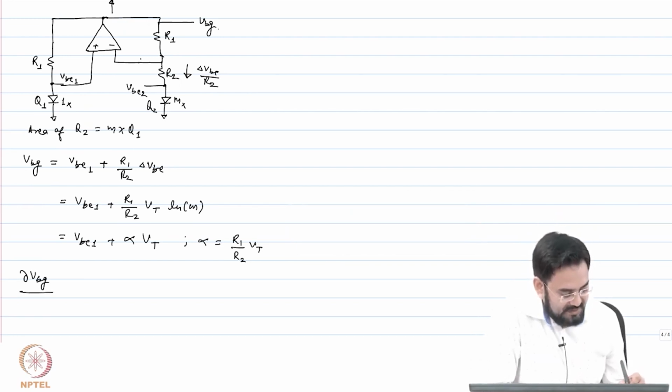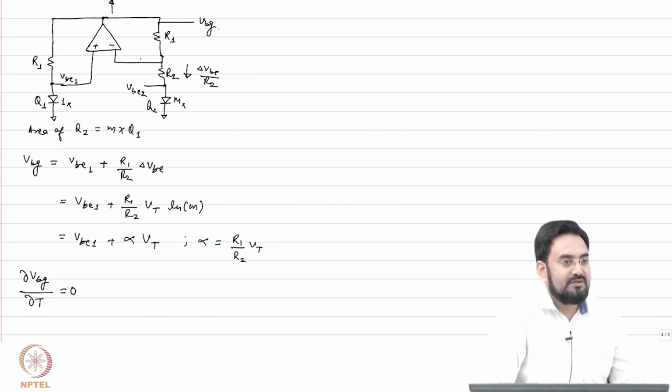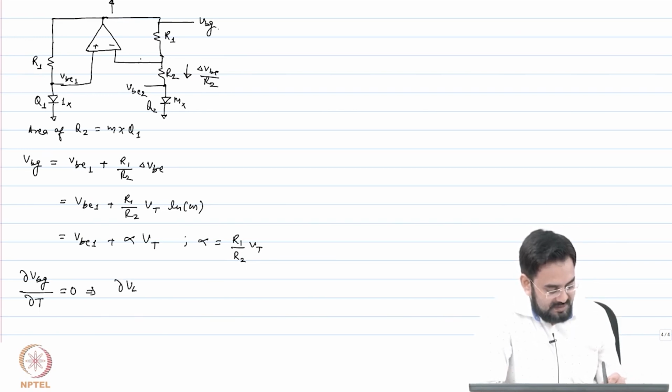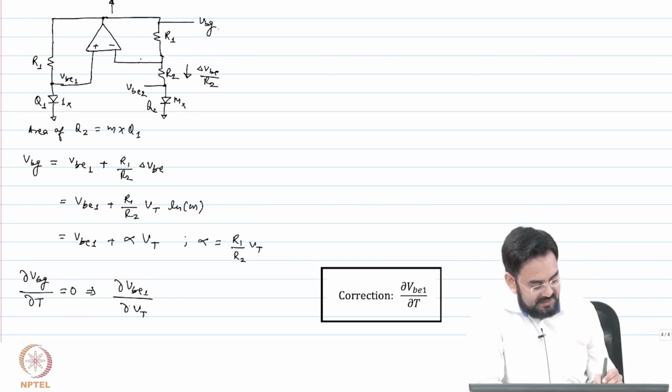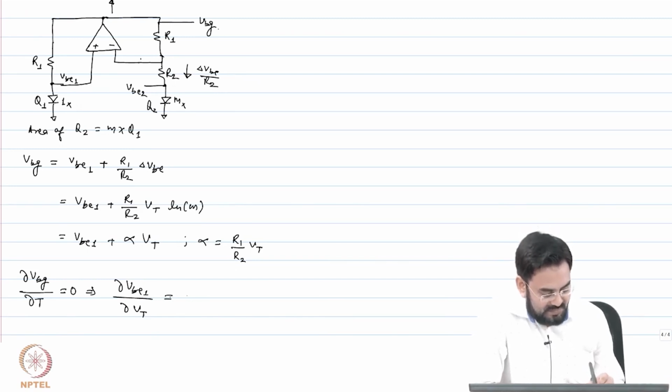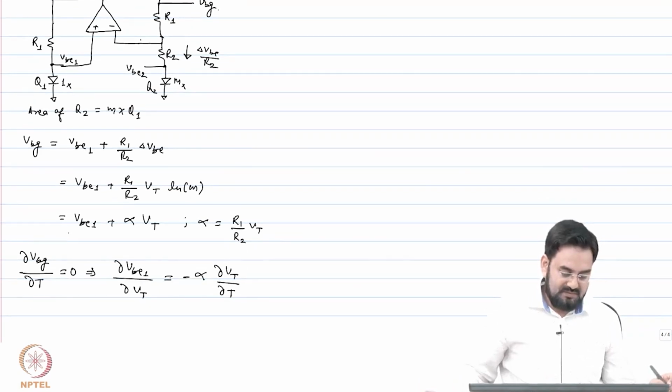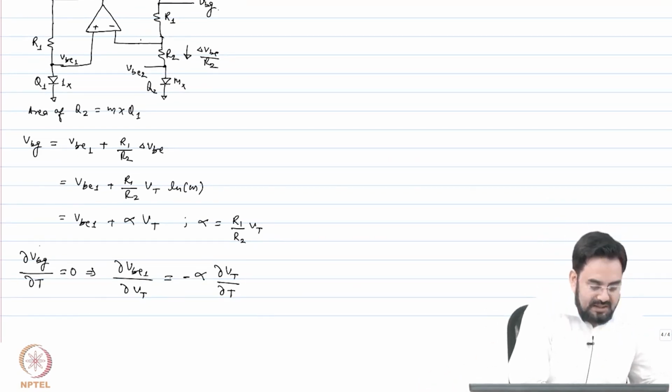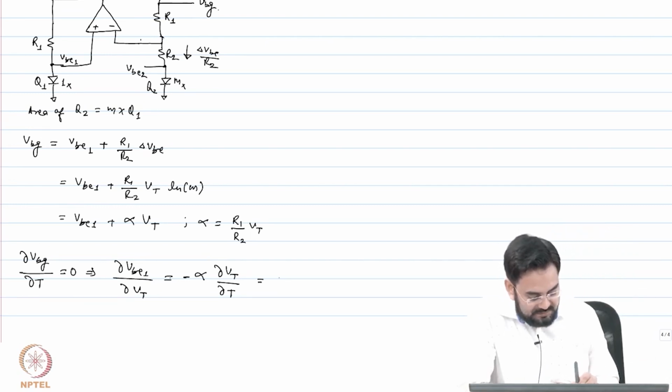Delta VBG by delta T should be 0, which means delta VB1 over delta T should be equal to minus alpha delta VT over delta T, which will be nothing but K by Q, and we calculated how much it was: 86 microvolt per K, that was delta VT, and you have alpha here.